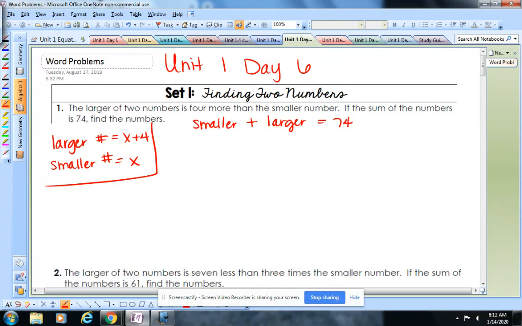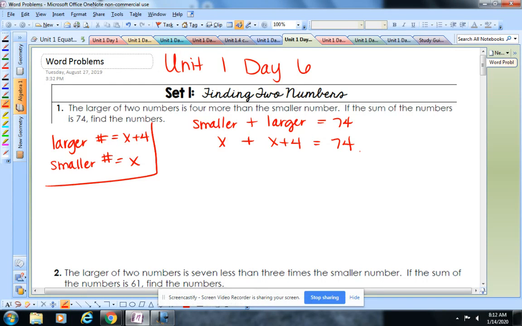Right? So let's fill it in. What did we say the smaller number was? x plus what's the larger number? It's not 4. x plus x plus 4 equals 74. There's our equation to solve. Y'all see that? Smaller plus larger equals the sum.